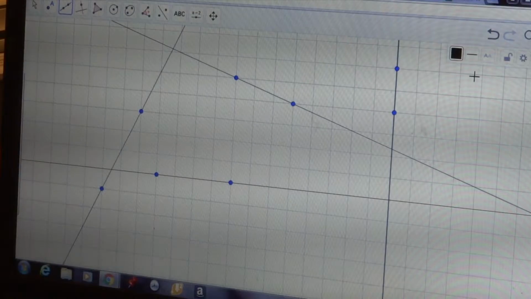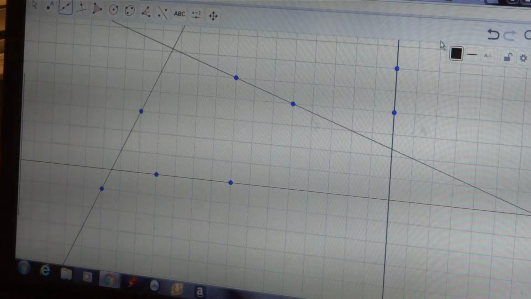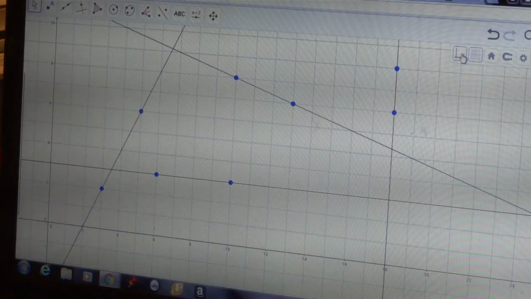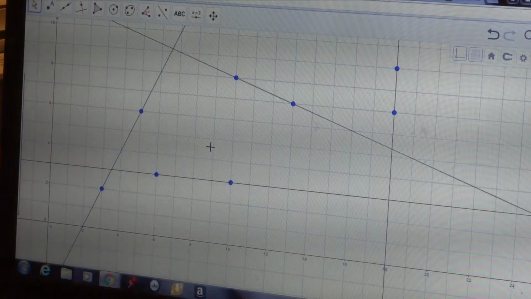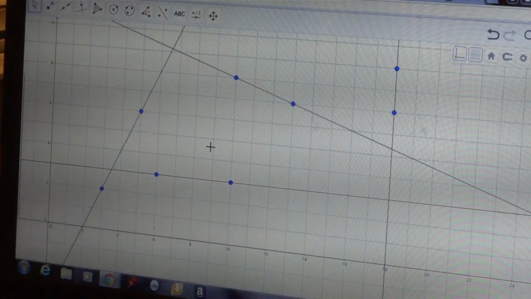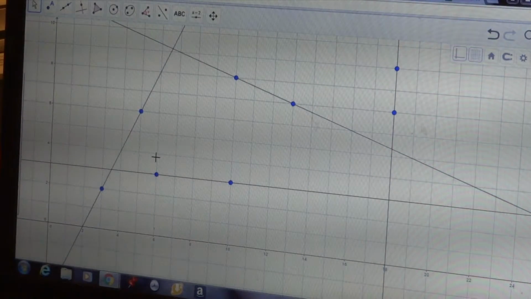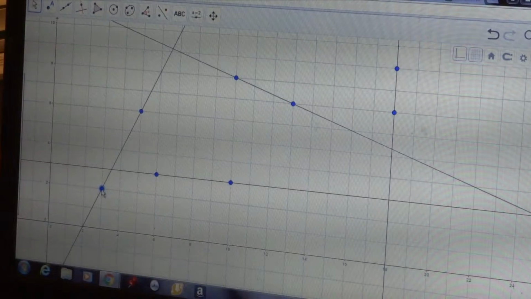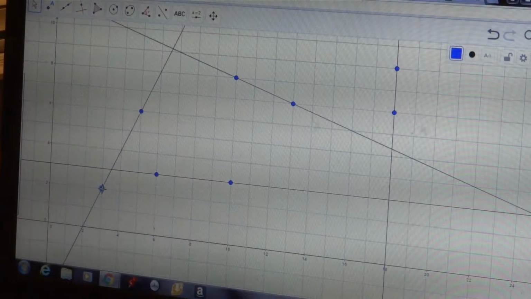So what we're going to do next is, if I put the grid back in, now we're going to take a look at calculating these slopes using the actual slope formula. So now that these actually have coordinates, let's label the coordinates.